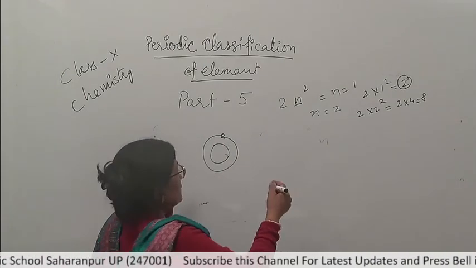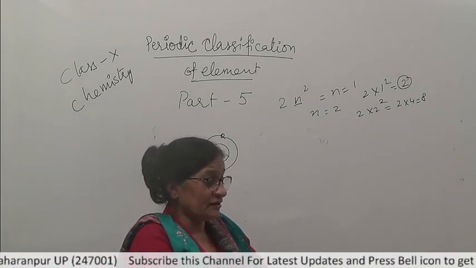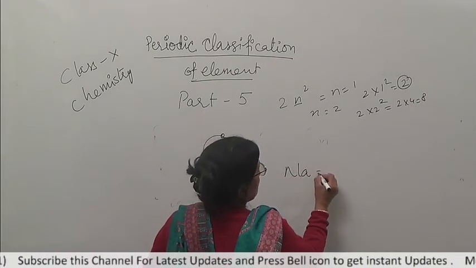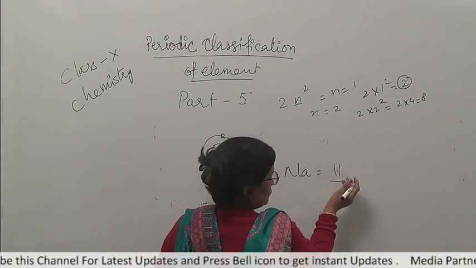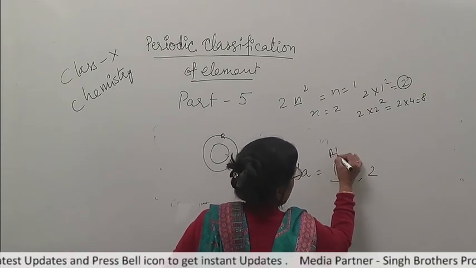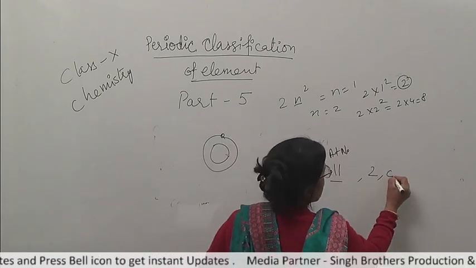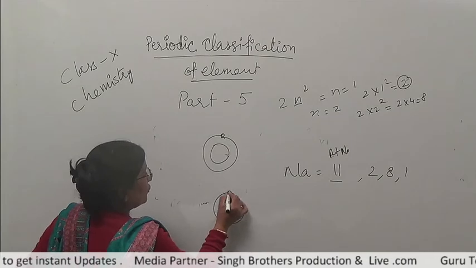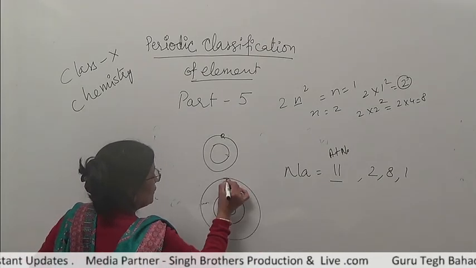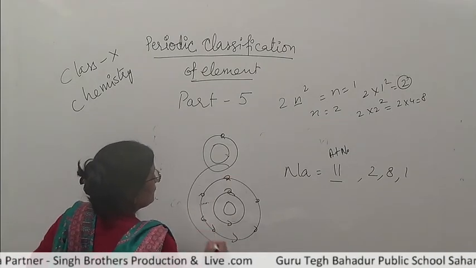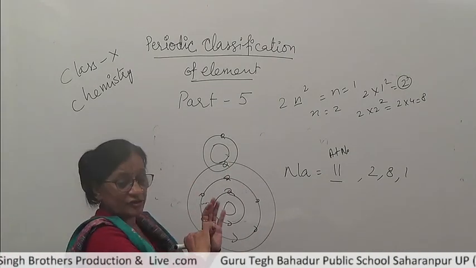But if we take the case of sodium, its atomic number is 11 and its electronic configuration is 2, 8, 1. It means it has 3 orbits.